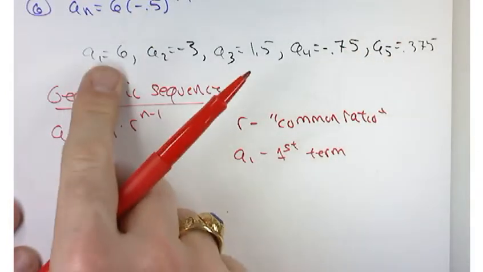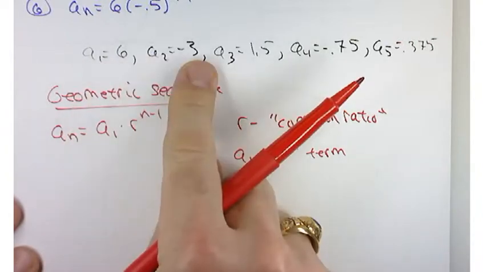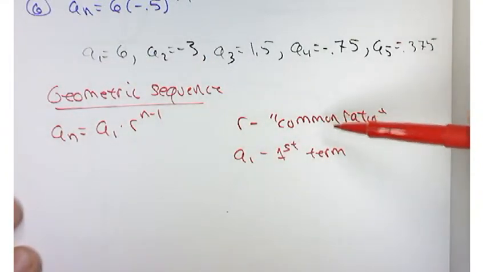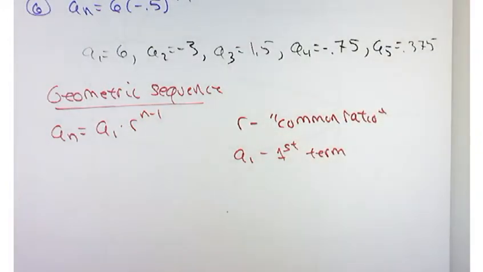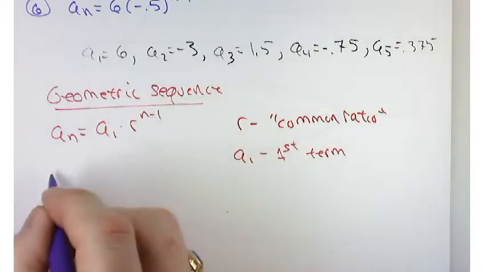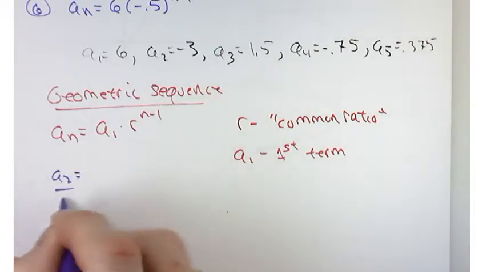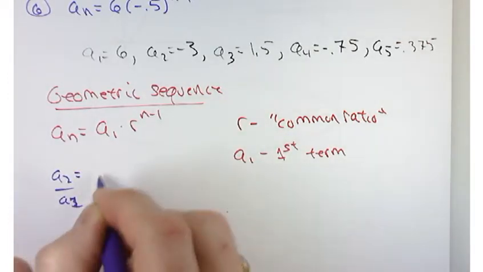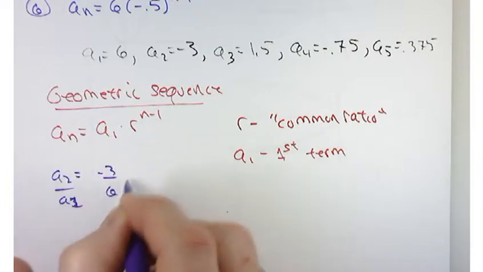All right, nice. You can check what the common ratio is. Now, I like to think of r as being what you multiply by. But from this definition, it's the common ratio. And you can see that it's a common ratio if you do this. You take a sub 2 and divide it by a sub 1. So negative 3 divided by 6, oh, that's negative 1/2.